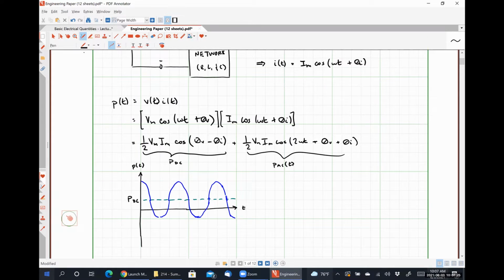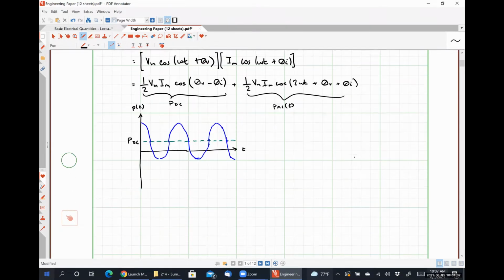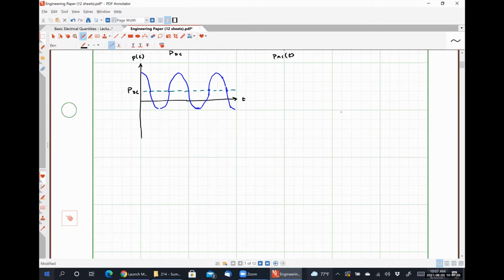Now, let's get a little bit more specific here. We have a generalized case. Let's talk about what happens if we just have a resistor. So in a resistor, R having some voltage drop V of t across it and some current I of t flowing through it.